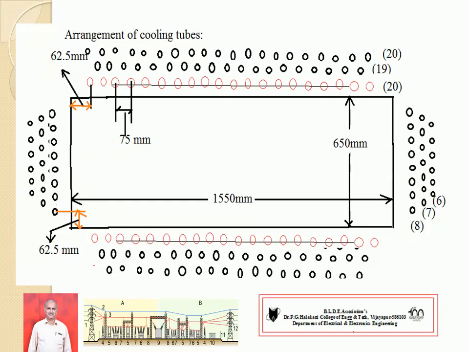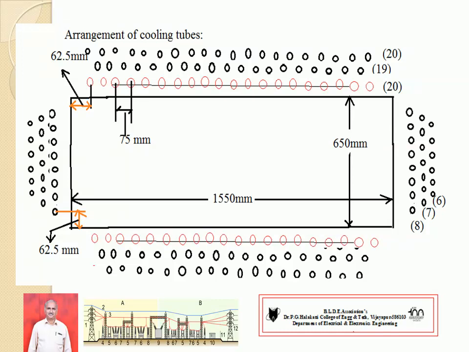For example, if I want to make 20 tubes, how many spacings are there? 19 spacings. So you calculate 19 into 75. This is the total distance for the arrangement of 20 tubes. This distance you subtract from the total 1550 mm.